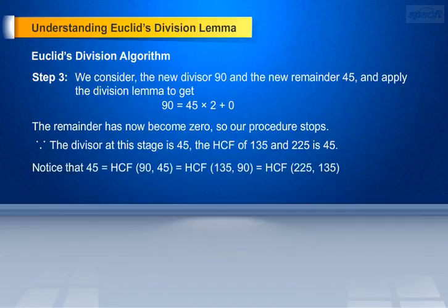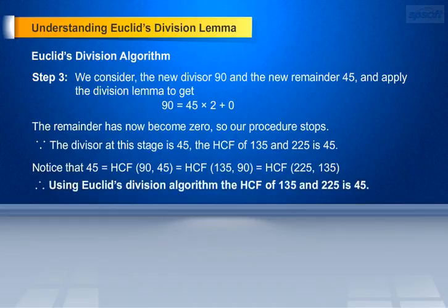Notice that 45 equals HCF(90, 45) equals HCF(135, 90) equals HCF(225, 135). Therefore, using Euclid's division algorithm, the HCF of 135 and 225 is 45.